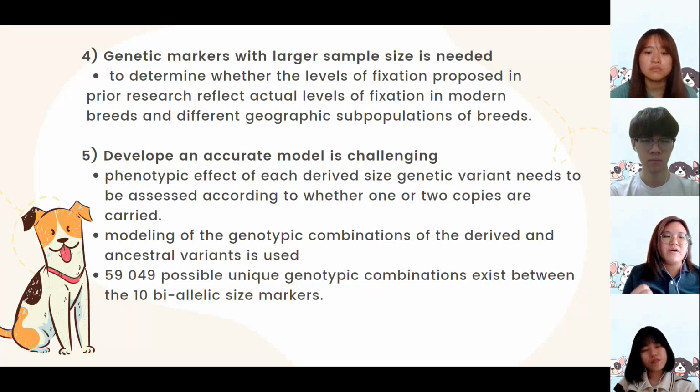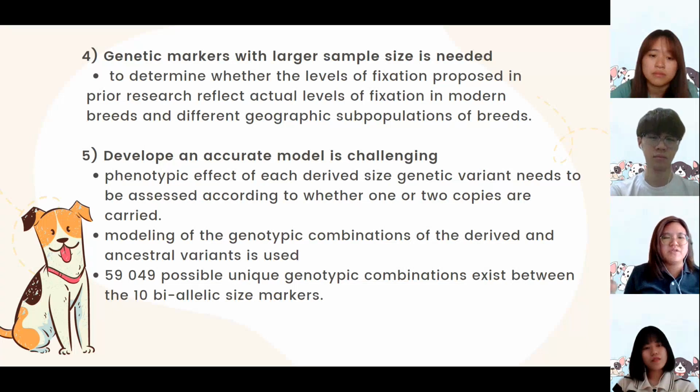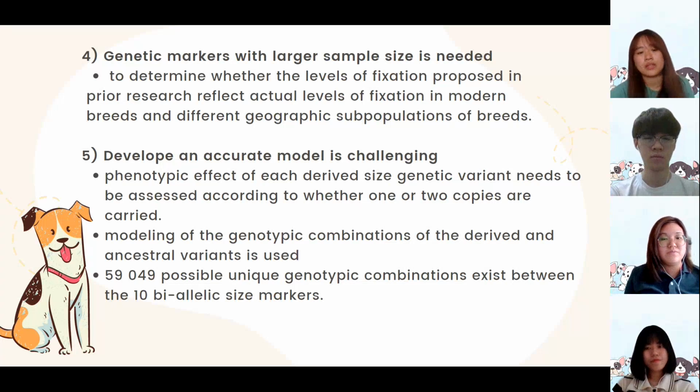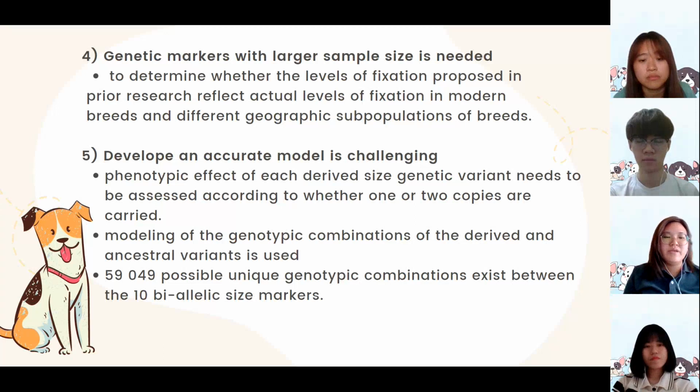The phenotypic effect of each derived size genetic variant needs to be assessed according to whether one or two copies are carried. Currently, modeling of genotypic combinations of the derived and ancestral variants is used, but this approach is not very practical because 59,049 possible unique genotypic combinations exist between the 10 allelic size markers. And most of these unique genotypic combinations will probably only be realized in some mixed breed dogs.